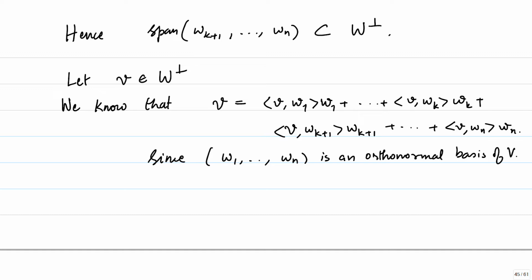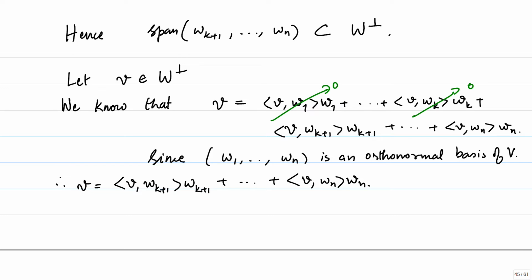But then we started off with the assumption that our v is in the orthogonal complement of W. So, every vector in capital W will be orthogonal to v. So, in particular, everything up to the Wk term is going to be 0 because it is orthogonal, and therefore our v will be just the inner product of v with Wk plus 1 times Wk plus 1, plus dot dot dot, plus the inner product of v with Wn times Wn, which belongs to the span of Wk plus 1 to Wn.